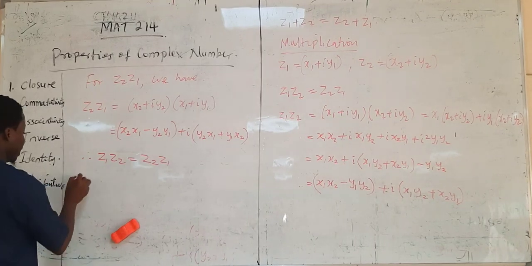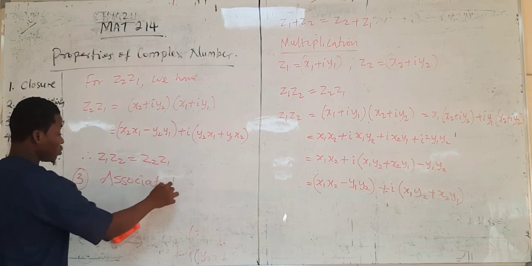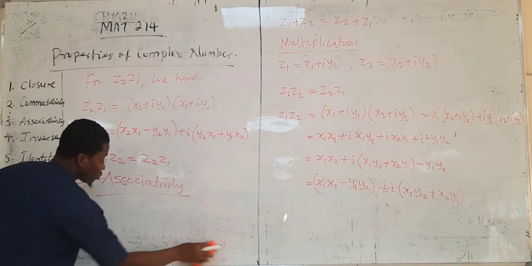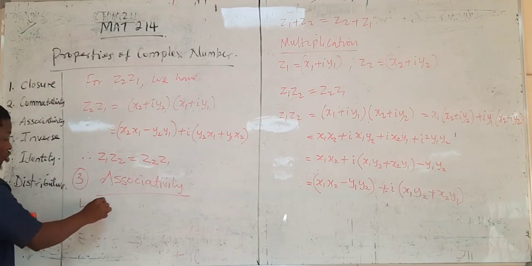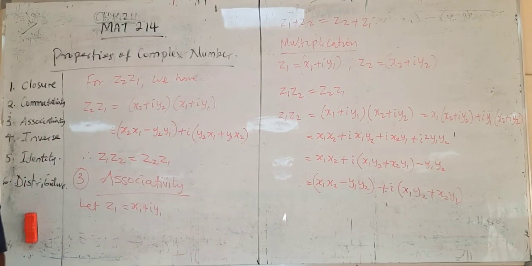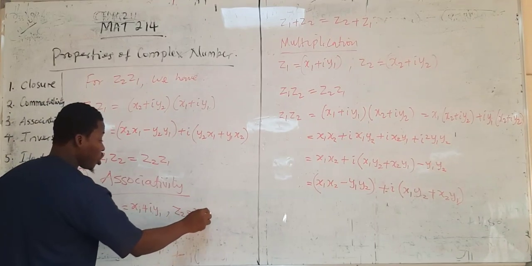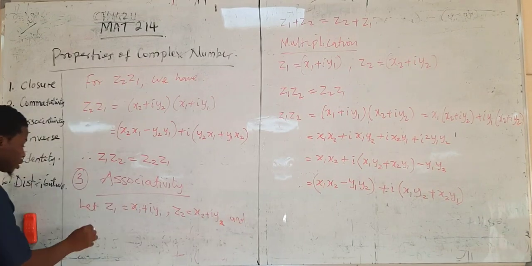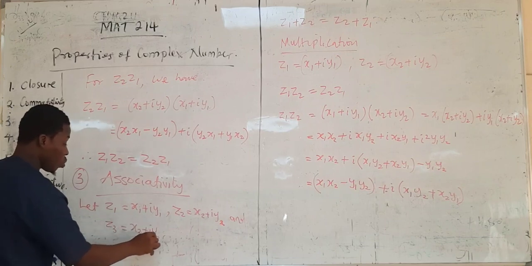Now, we talk about associativity. We said let z1 be equal to x1 plus iy1, z2 to be equal to x2 plus iy2, and z3 to be equal to x3 plus iy3.